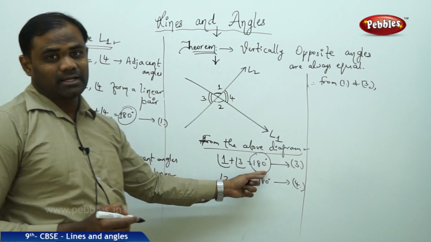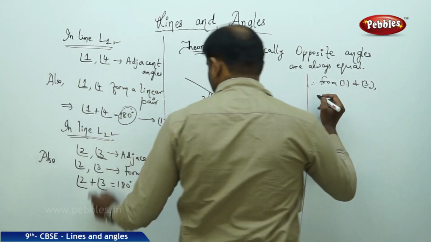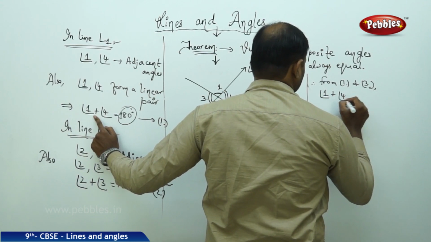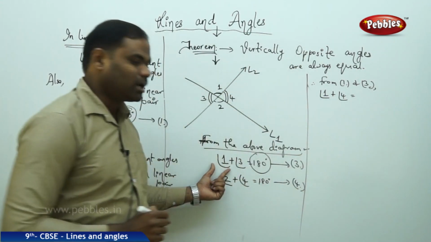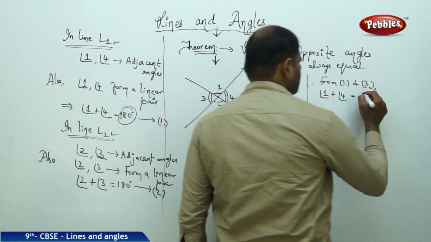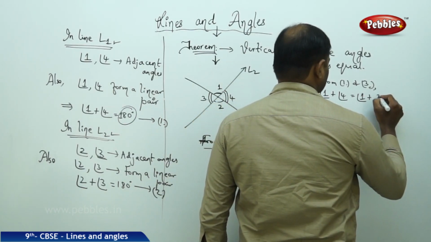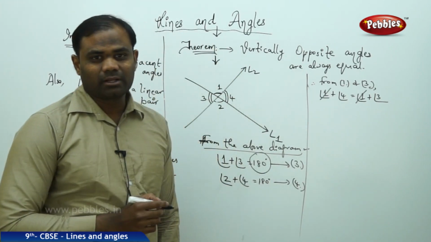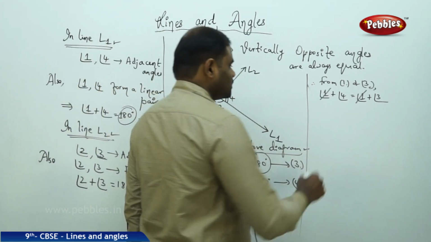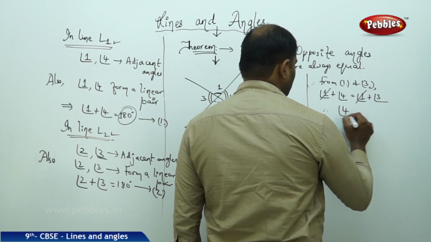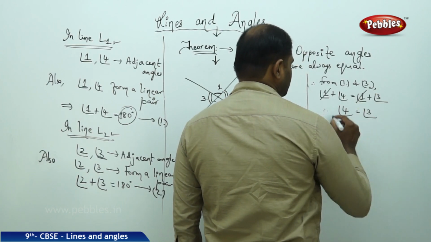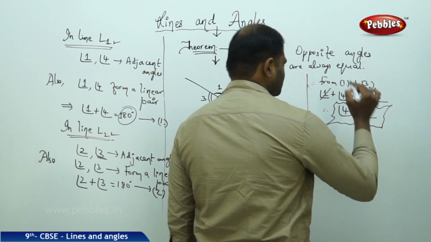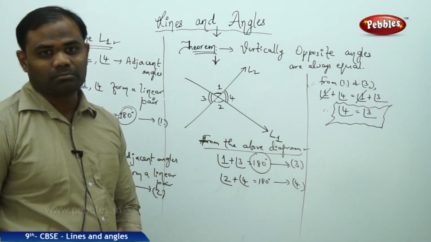The common angle 1 can be cancelled on both sides. Therefore, I get angle 4 equals angle 3, which is one property I have proved.